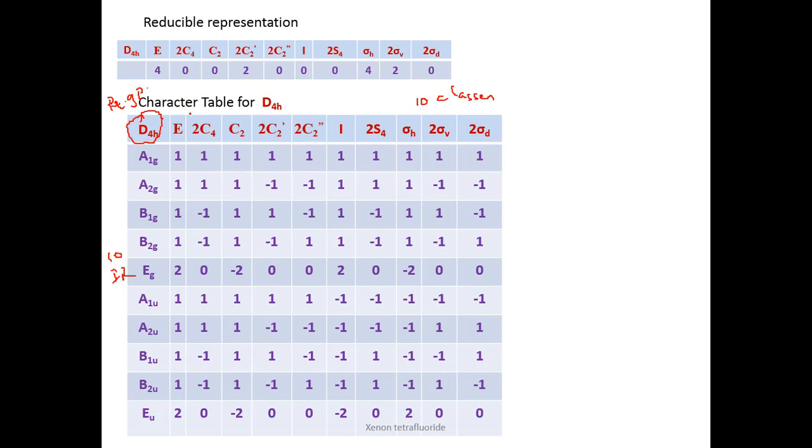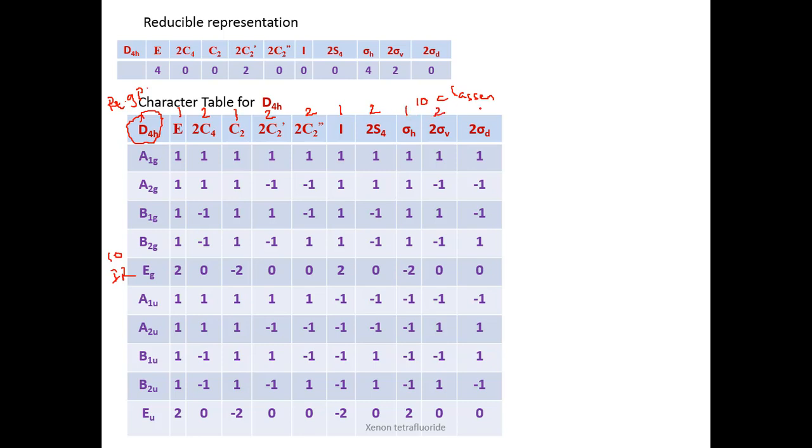And the g values are the number of operations in a class. One operation, two operations in a class, two operations in a class, one operation in a class. So 1 is the g, two operations in a class, one operation in a class.